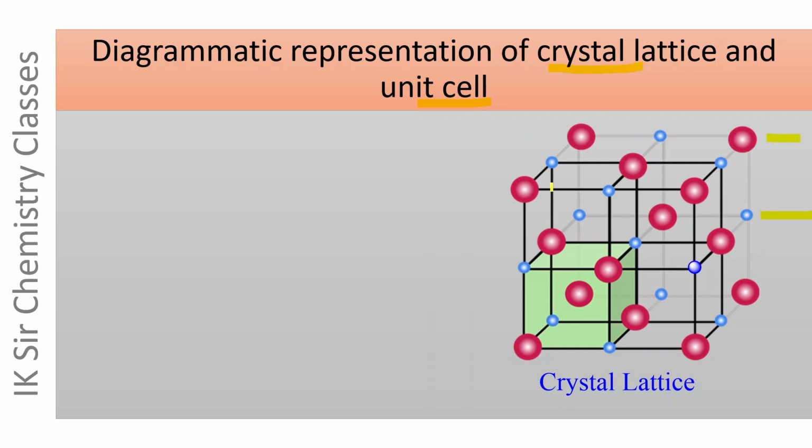It must be noted that the anions are present at the vertices of the cube, while the cations occupy the edge centers as well as the body center.